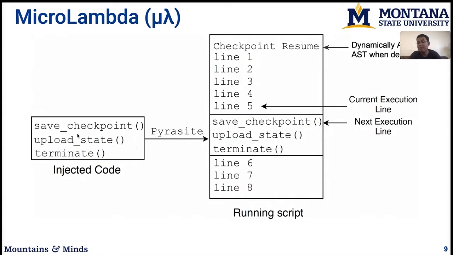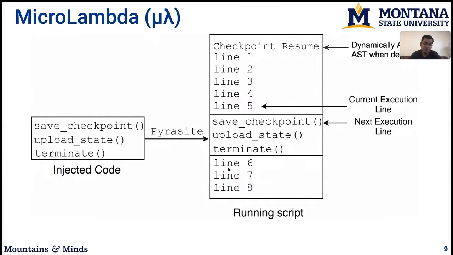After the R limit, MicroLambda injects some code inside the running script using Parasite, a library for injecting binaries or code into a running program. Instead of running line 6, it saves the state, uploads the state, and terminates the process.